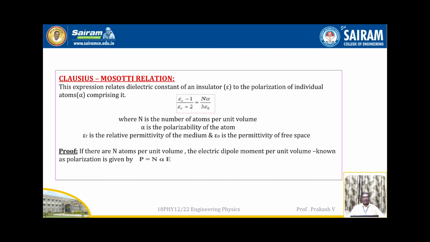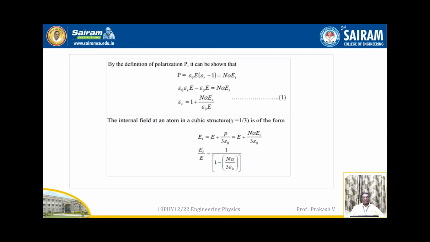Now let us take the proof part. If there are n atoms per unit volume, the electric dipole moment per unit volume is given by P is equal to n alpha E. By the definition of polarization P, it can be shown that P is equal to epsilon 0 into E into (epsilon r minus 1).